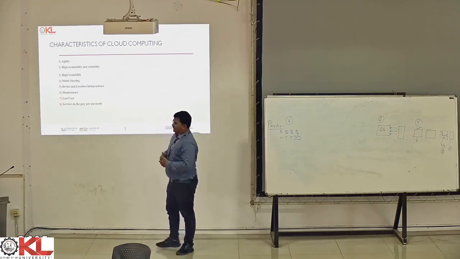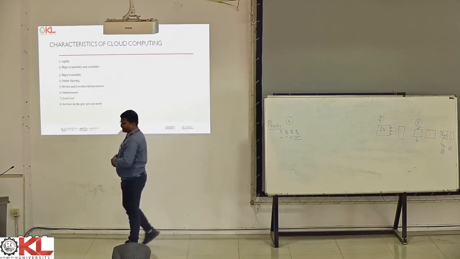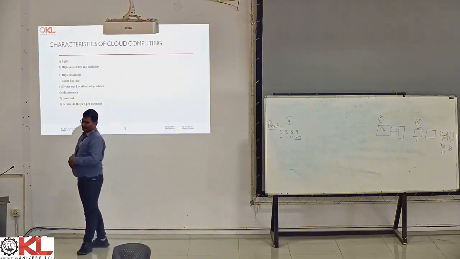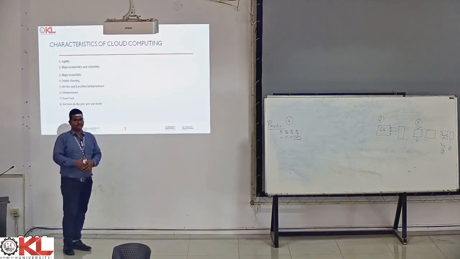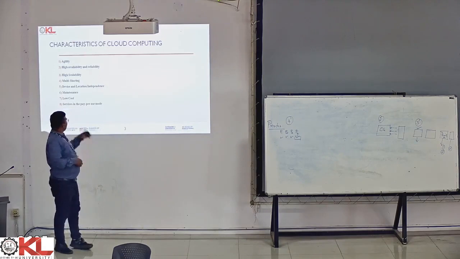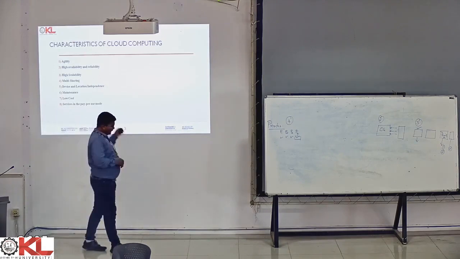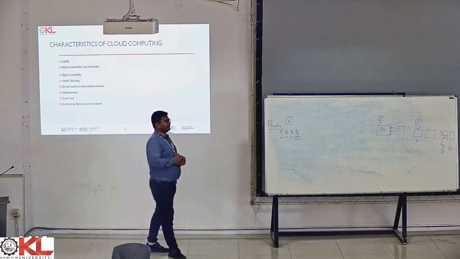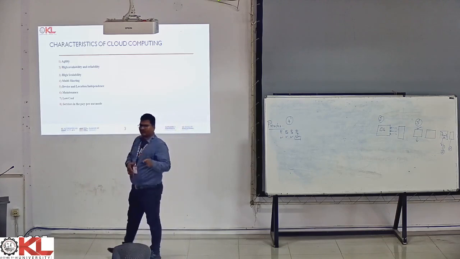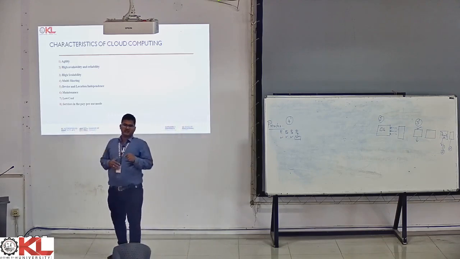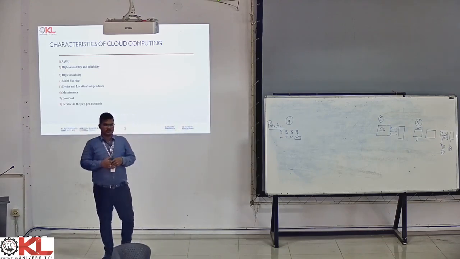As part of these characteristics in cloud computing, any cloud must follow these characteristics, and services in the pay per use model. Pay per use, for example, means in order to travel from one city to another city, you can use any transport facility.